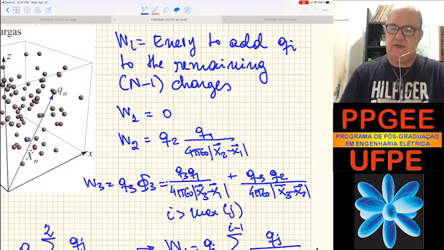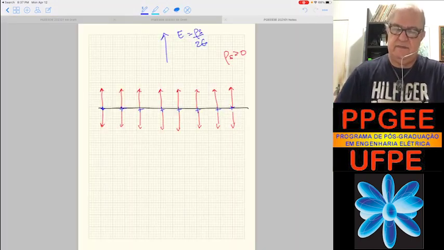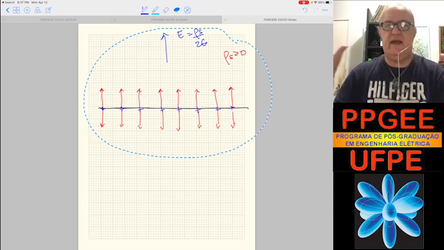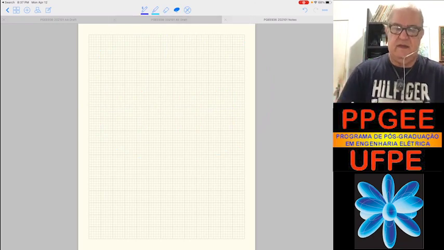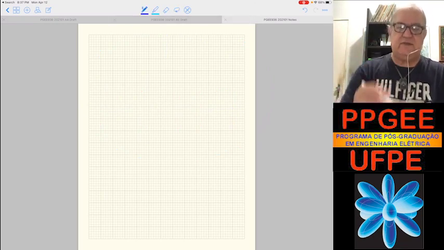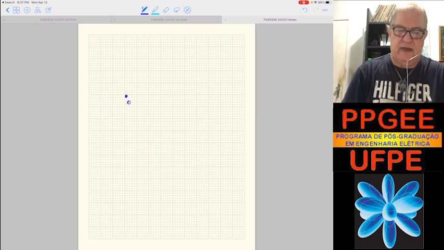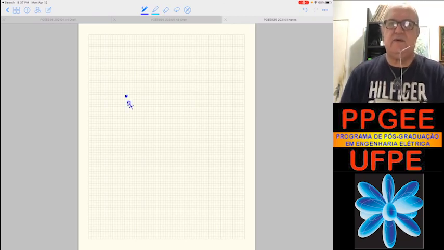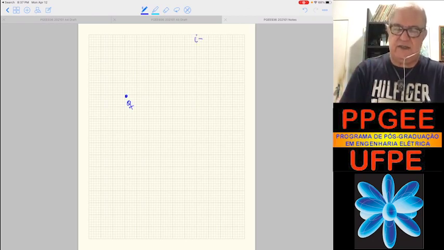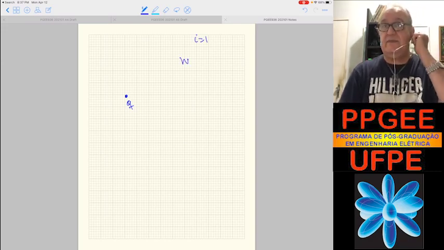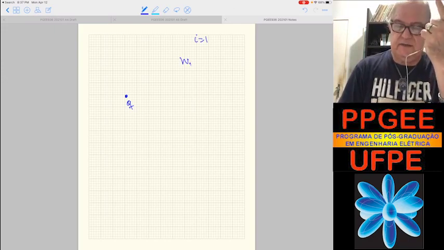If you bring the first charge to your system, you're going to assemble n charges. If I bring the first charge to a point without previous charges there, there's no interaction with any other charges, right? So energy equals 0. Just to bring the i equals 1 charge, W, the energy of the system for only one charge, equals 0.